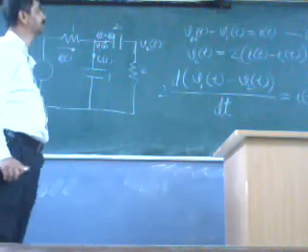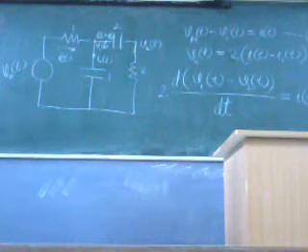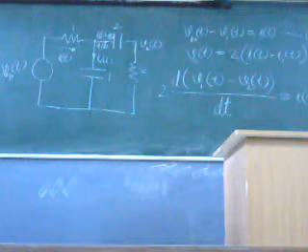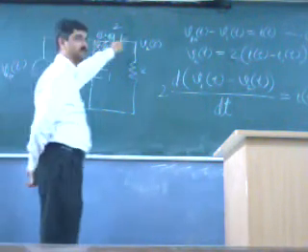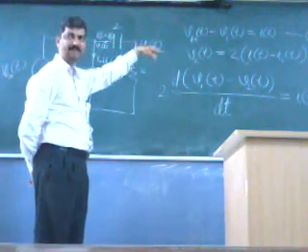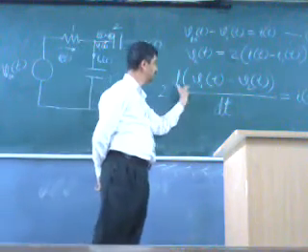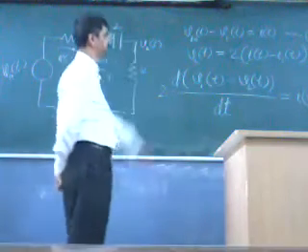Is that agreeable? It is the voltage across the capacitor, V1(t) minus V2(t). C dV by dt is equal to I_C(t). So C dV by dt is equal to this current.